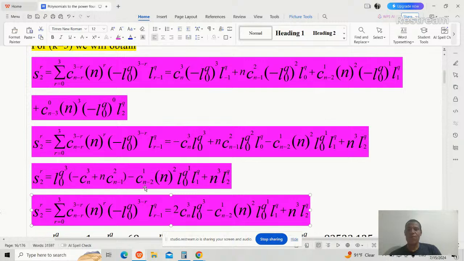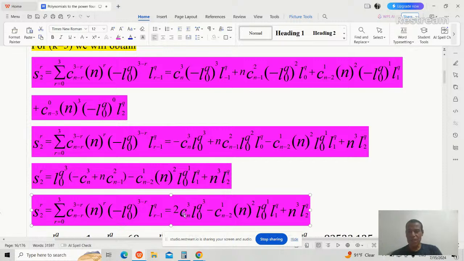It will be negative combination n minus 2 choose 1 and squared, then L0 multiplied by L1, plus n raised to the power 3 times L2, because combination n minus 3 choose 0 is 1 and negative L0 of O the Q raised to the power 0 is 1. That's why I simplified it and I wrote it like that.